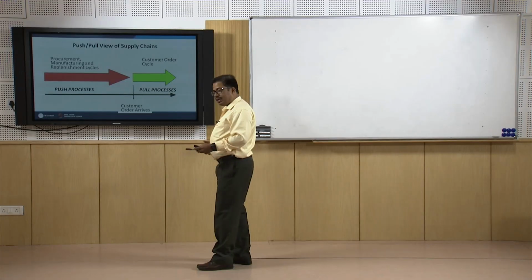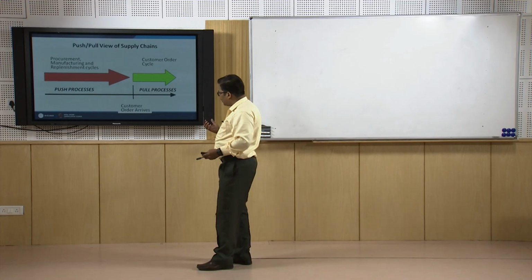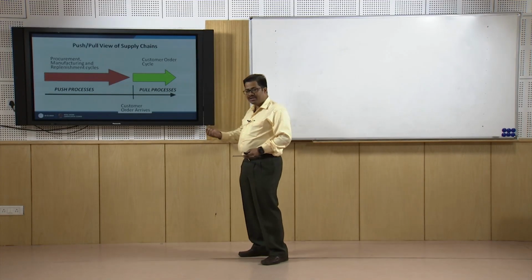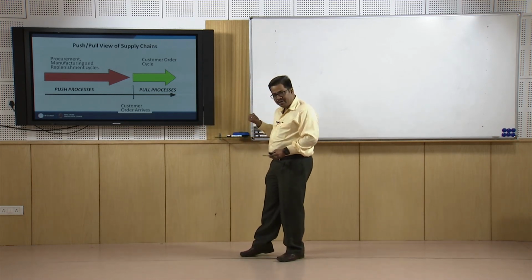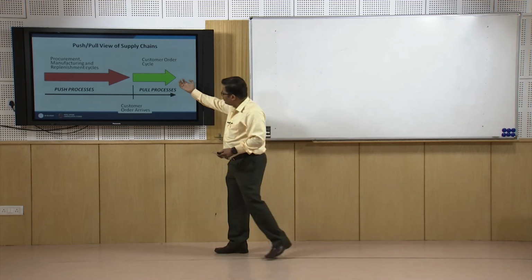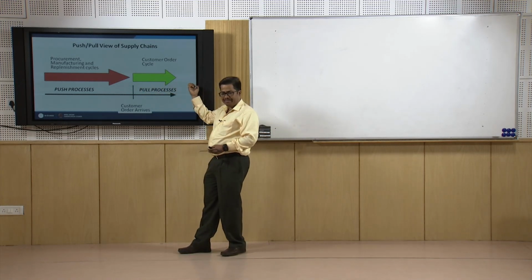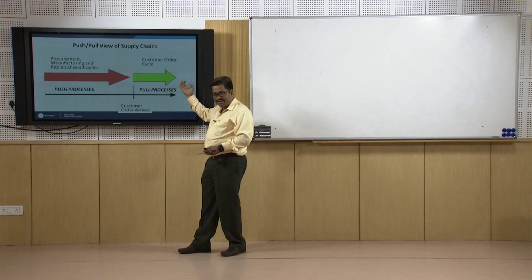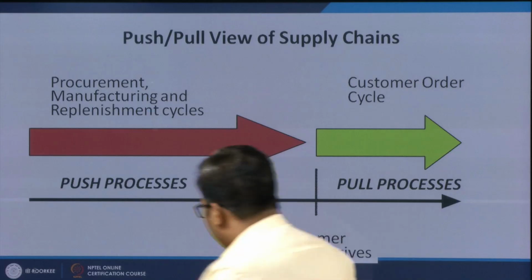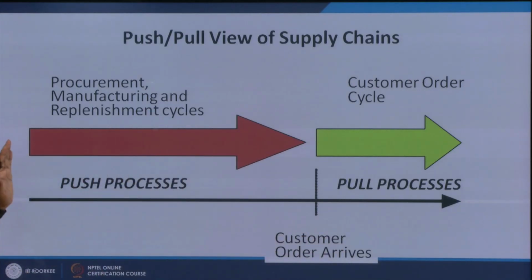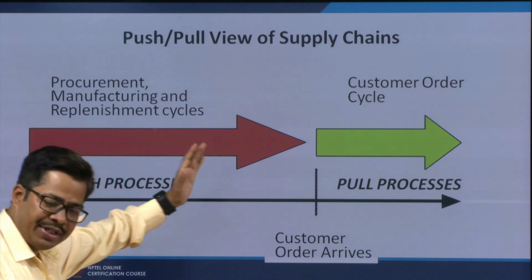As the name represents, pull processes are those processes which are pulled, and the customer is at this end pulling the products from the supply chain. So these are the pull processes. On the other hand, in case of push processes, the products are pushed to the supply chain.